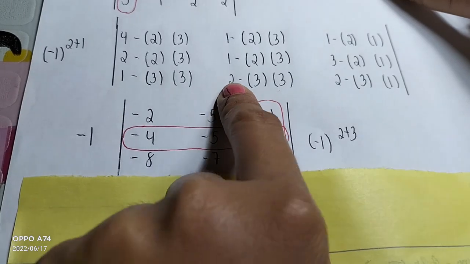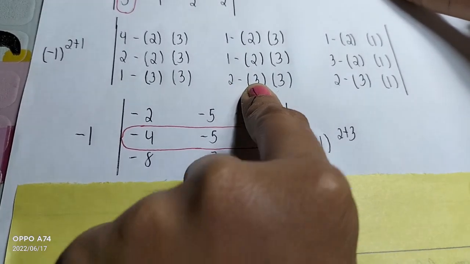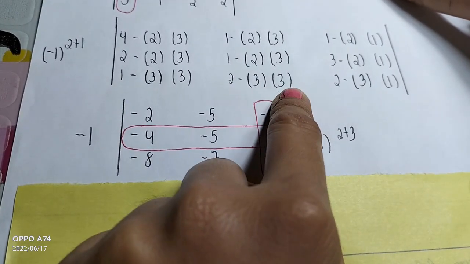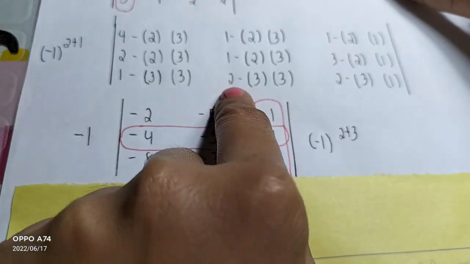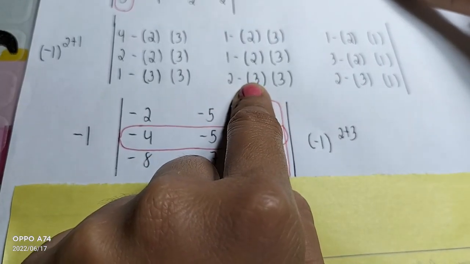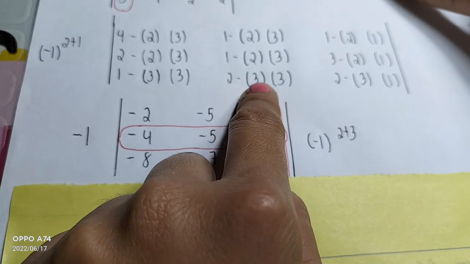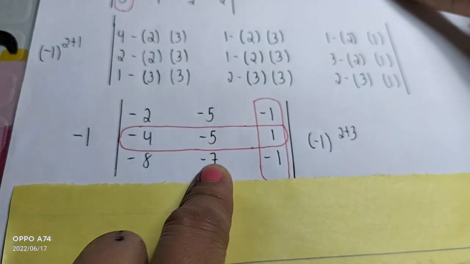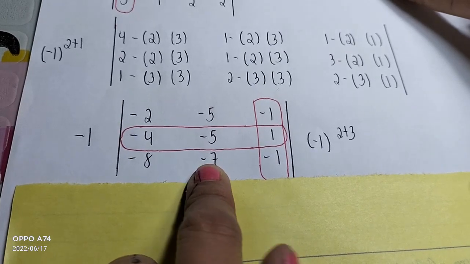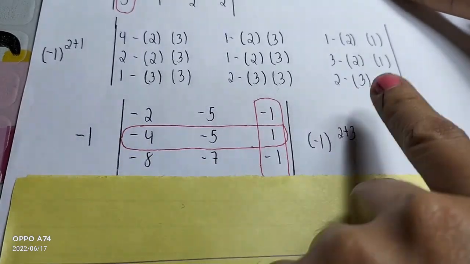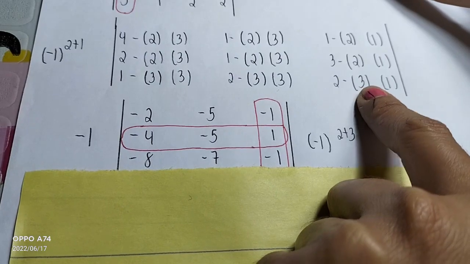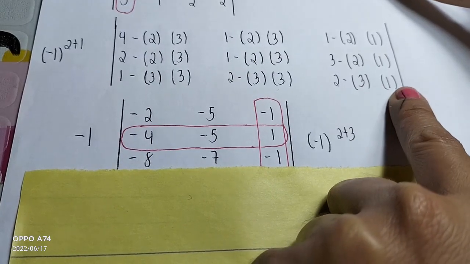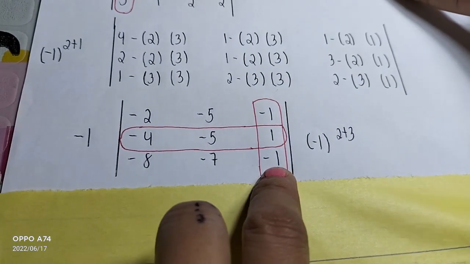Second is 2 multiplied by 2 minus quantity of 3 multiplied by quantity of 3 equals negative 7. The last is 2 minus quantity of 3 multiplied by quantity of 1 equals negative 1.